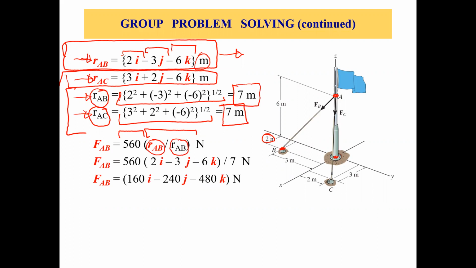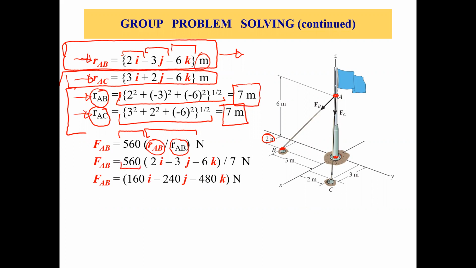Just remember always, this is the start of this course, so you need to remember that in these presentations, lectures, and in your book, red, italic, and bold is always a vector quantity. So RAB in red is a vector, and RAB in black is a scalar, which is the magnitude of RAB. Now just put in the values. F is 560 newtons.